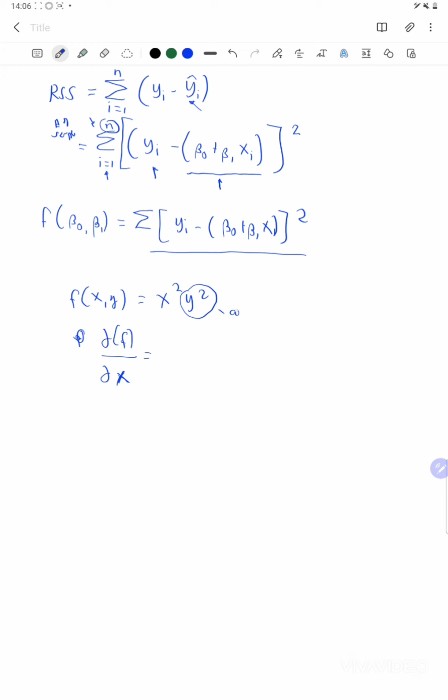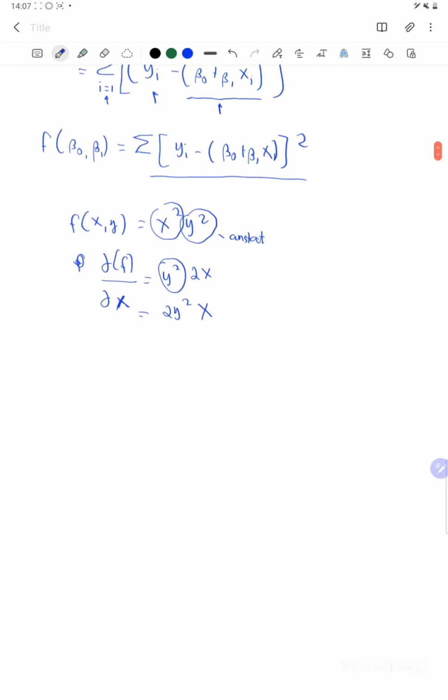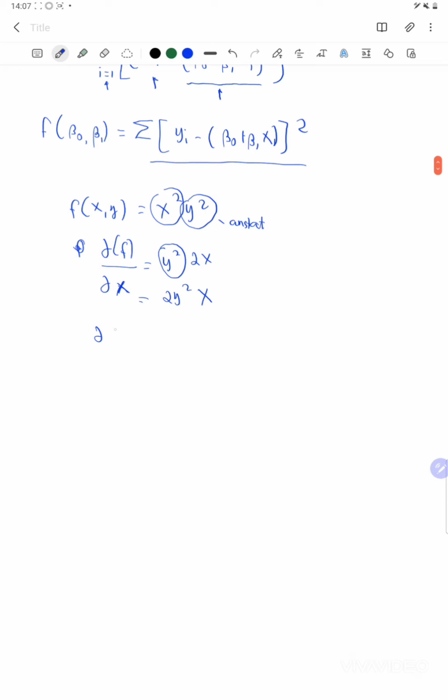The derivative of y squared is constant, and the derivative of x squared is 2x. Because this y squared is constant, we'll put it in front. So 2y squared x.